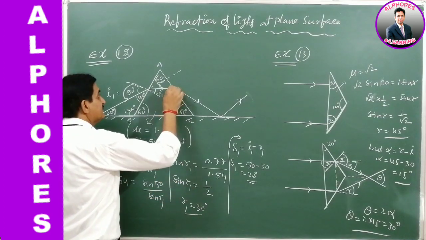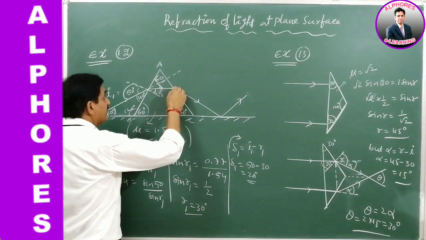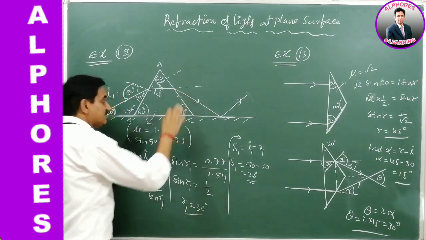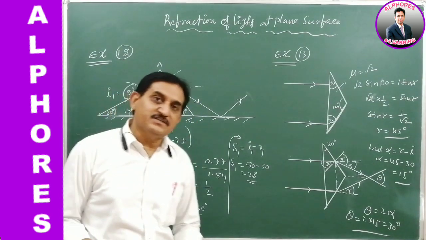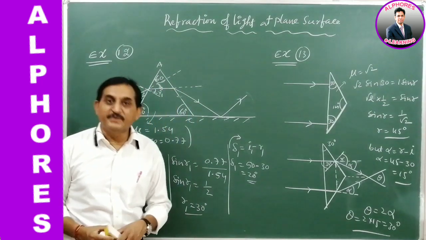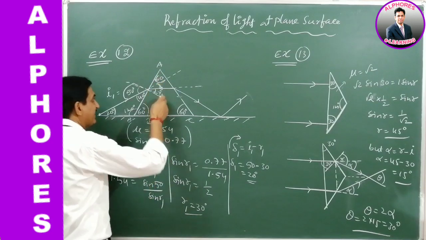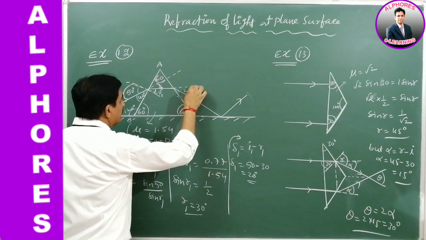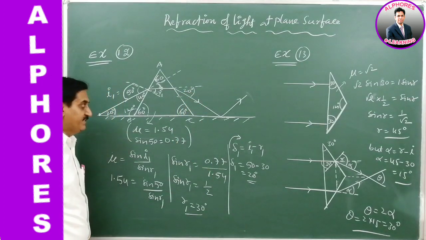Again it is symmetrically refracted, therefore here also the deviation suffered is the same amount, because it is mentioned that refraction taking place in this prism is symmetric.